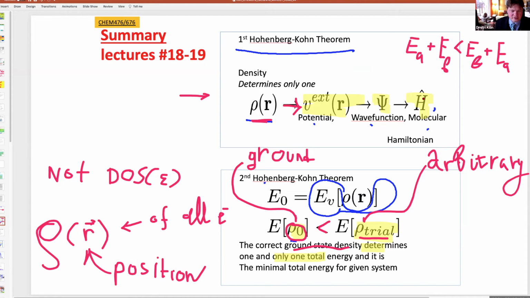And the second theorem tells that if the density corresponds to the ground state, then the energy will be minimum. So this symbol less means that this energy is the absolute minimum. Makes sense? Yeah. So absolute minimum.